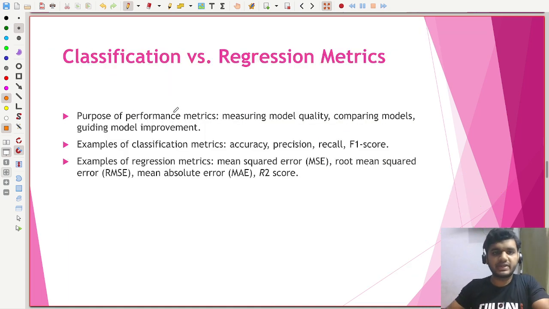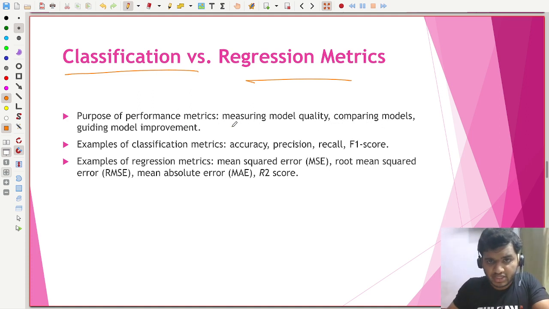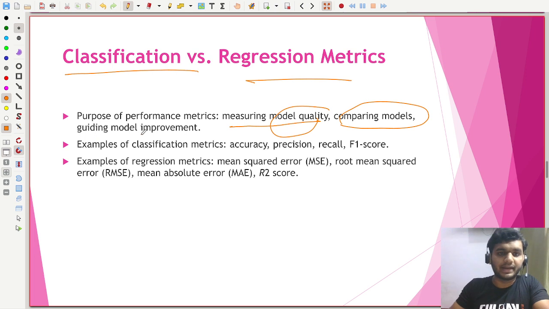Now we'll discuss the difference between classification and regression. The purpose of performance metrics is measuring model quality, comparing models, and guiding model improvement.